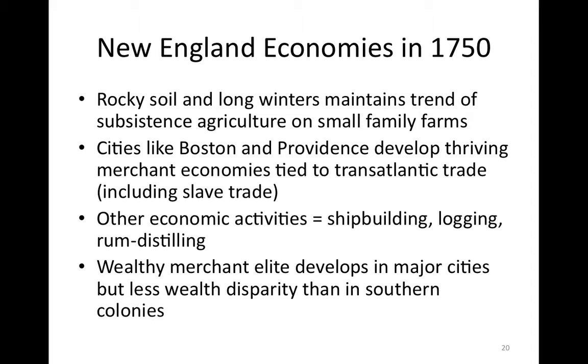Whereas before, New England was much more balanced as far as the distribution of economic resources, with small farms in small communities, now you're seeing the development of a super rich elite in places like Boston. There is still much less wealth disparity than in the southern colonies, where the wealthy people were so much more wealthy than the poorest people. But still, now you see a growing disparity in New England as well.